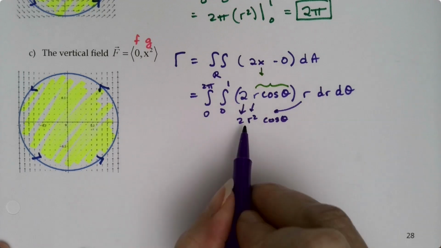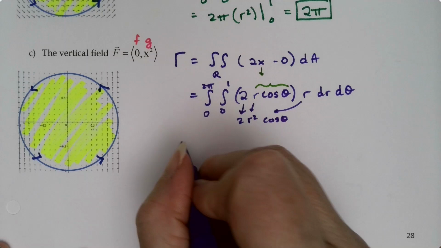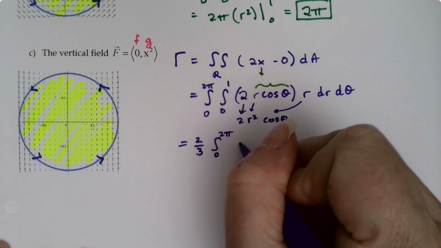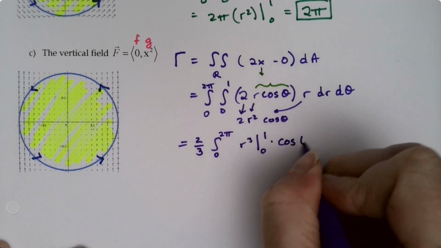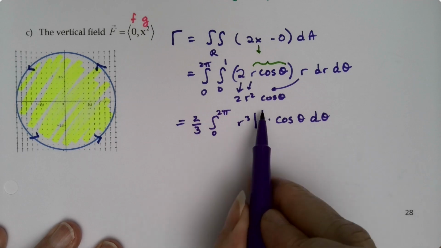So let's integrate r squared right now. That would be 2/3 r cubed, right? I can bring the 2/3 out in front. That's not hurting anything. So it would be r cubed. The r cubed is going from 0 to 1, and you're still multiplying by cosine of theta d theta. All right, so that would be 1 in there.